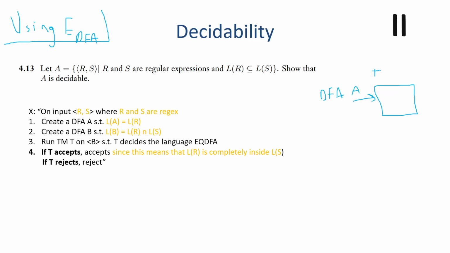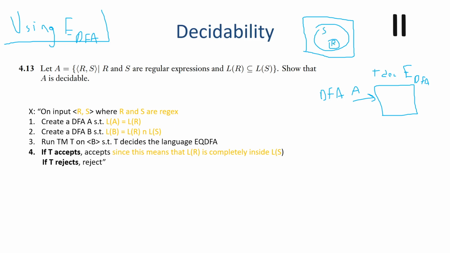Same thing here, T decides. I just want to make it clear so we don't confuse the actual machines with the languages that they decide. Okay, let's see the scenario that we care about now. R is completely in S.